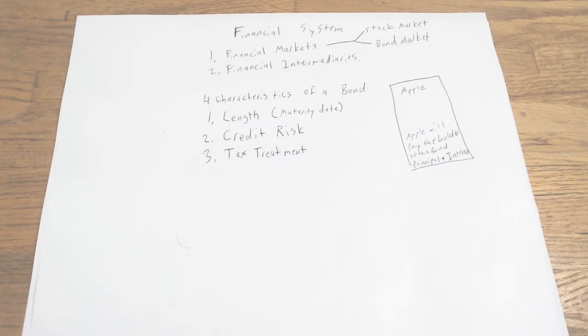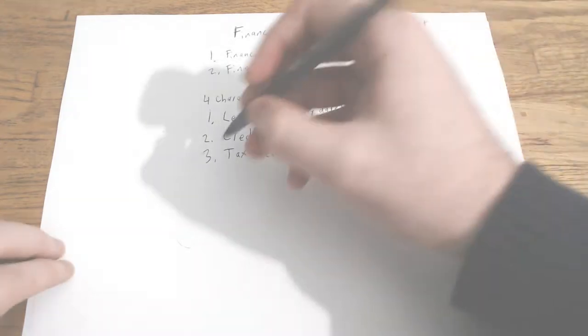This tax advantage from municipal bonds allows governments to issue bonds at a lower interest rate than corporations or even the federal government. The fourth important characteristic is if a bond offers inflation protection.